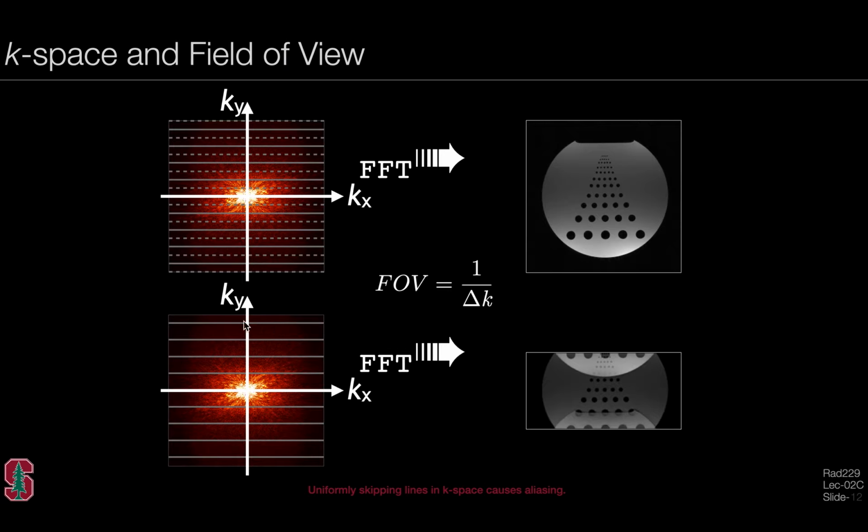If, however, we take out, say, the odd lines of K-space and perform a 2D Fourier transform, then we get this image on the right-hand side here, which demonstrates what we call aliasing or field of view wrap. And so we can see that uniformly skipping lines in K-space causes this aliasing artifact, a well-known artifact in MR. And while it may not be obvious that taking out lines in this manner would result in an object of this kind, this is a well-known artifact in MR and concepts that we'll talk about later as the course develops.